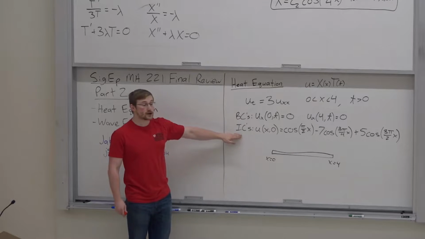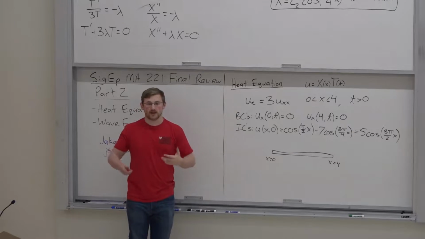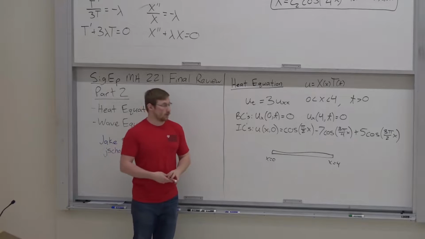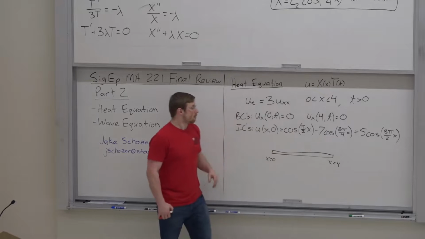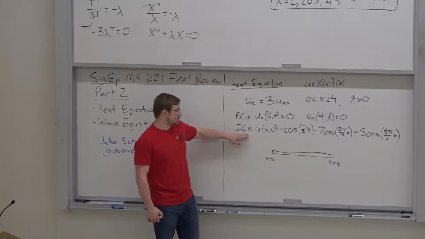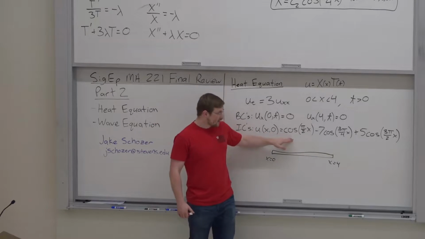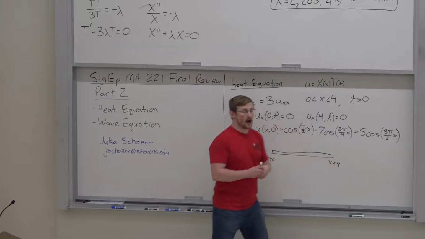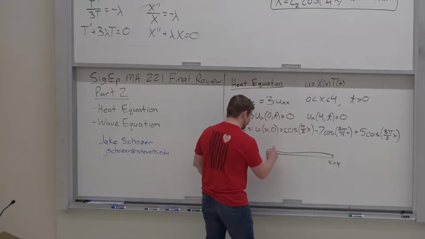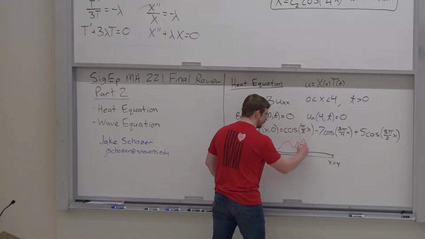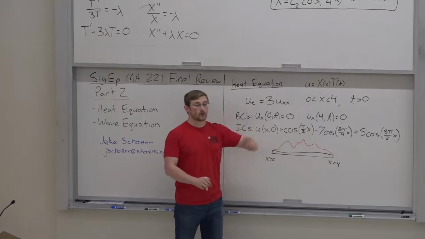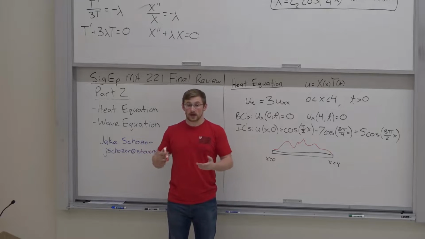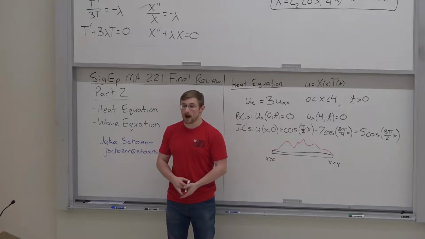And then we look at our initial condition, and this was a little bit more difficult to explain more practically because it is a little bit more complicated. But basically, this is some function that if I were to plot it, I would get some weird thing with a bunch of peaks. I don't know what it looks like, but what this line would represent is the initial temperature of my rod.